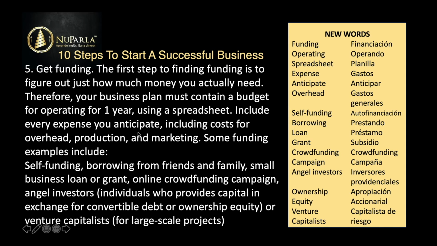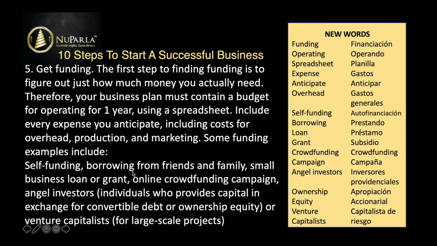Include every expense, incluye cada gasto que puedas anticipar, sea overhead, por ejemplo, gastos generales, production de producción, marketing de mercadeo. Some funding examples include algunos ejemplos de financiación, van a incluir self-funding, el dinero que tú autofinancies de tu propio bolsillo, tu idea, tu negocio.